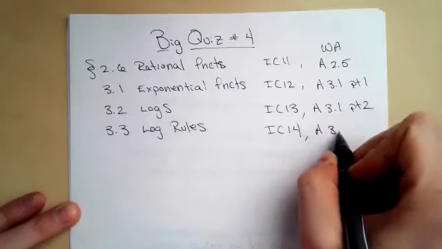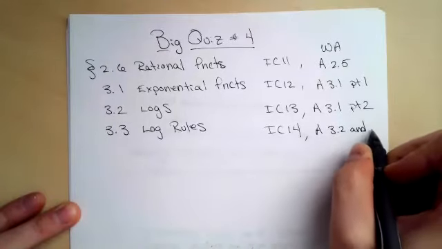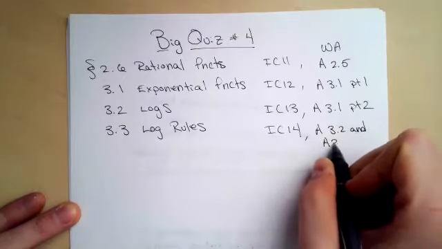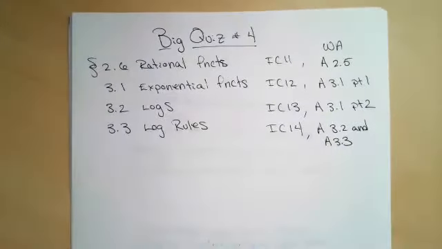It says A 3.1 or 3.2 and 3.3. It's actually one assignment, and the title has both those in it. So take a look at those as well.